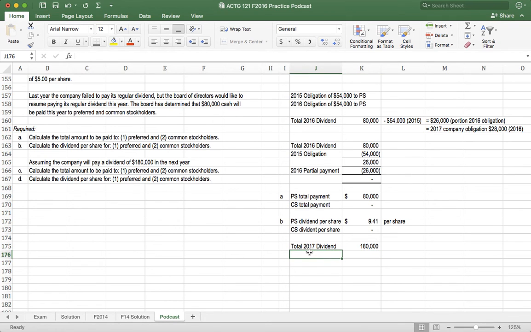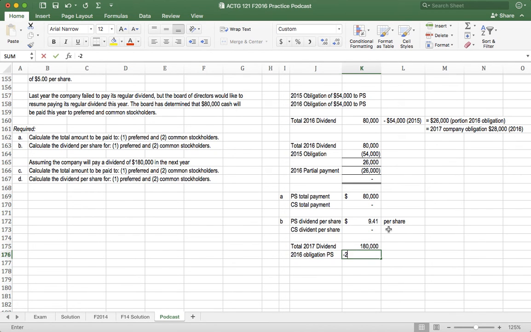First thing coming out of that total dividend is the obligation. See right here, the difference between the $54,000 less the $26,000 they've already paid, which gives us $28,000 for the 2016 obligation.